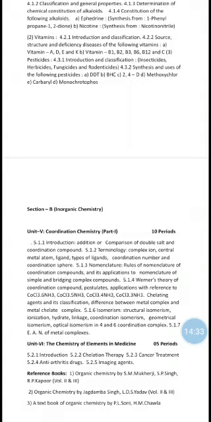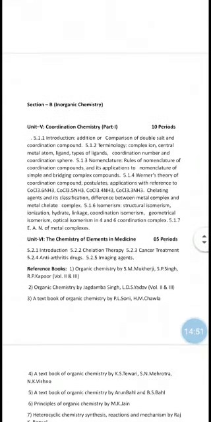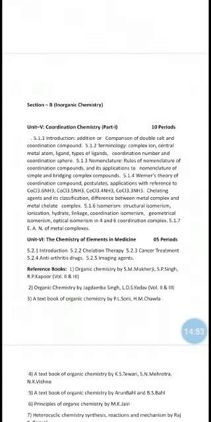So let's see. In the inorganic chemistry section, we are covering coordination chemistry, which is purely of salts. The second unit is the chemistry of elements in medicine.